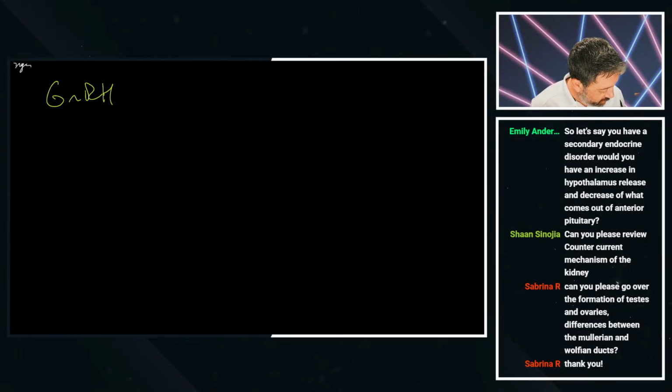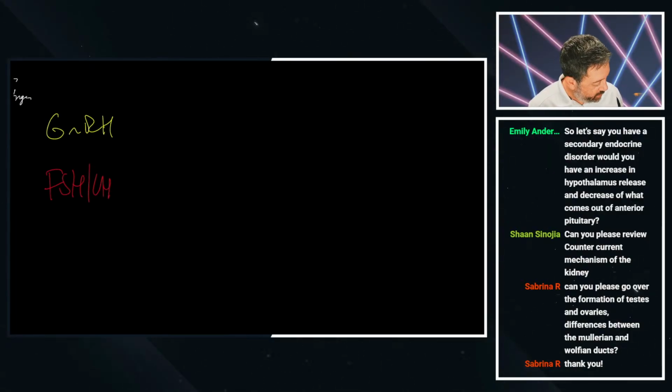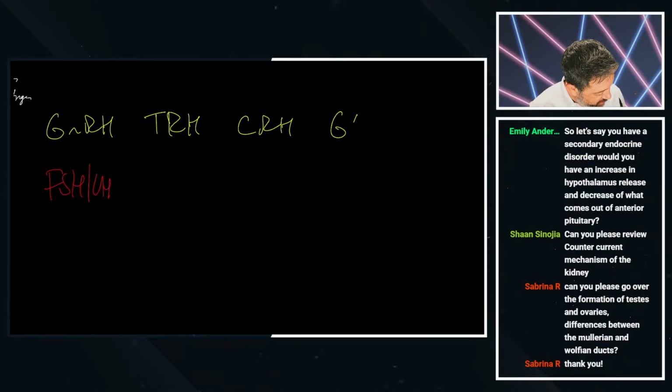GnRH, FSH, and LH. TRH, CRH. Remember, all the releasing hormones come from the hypothalamus. GHRH.